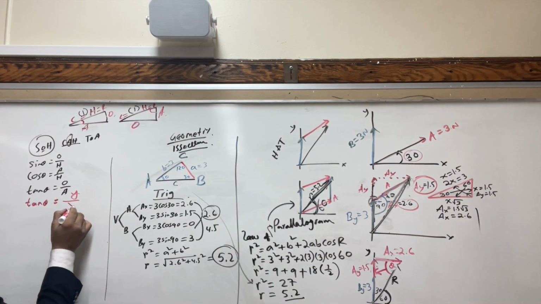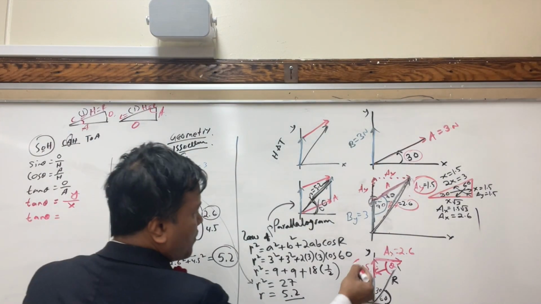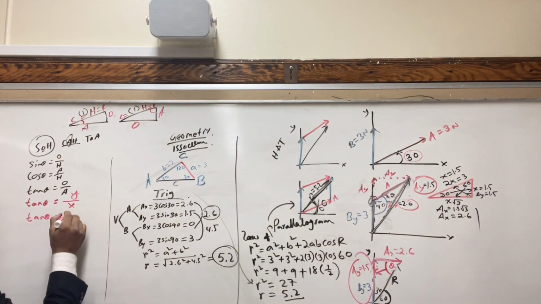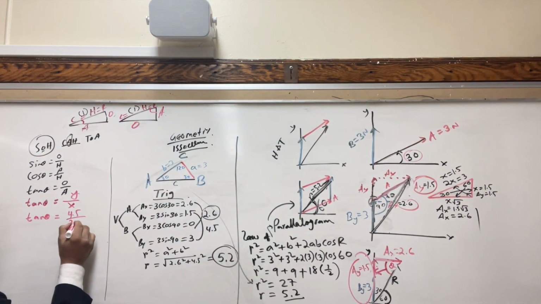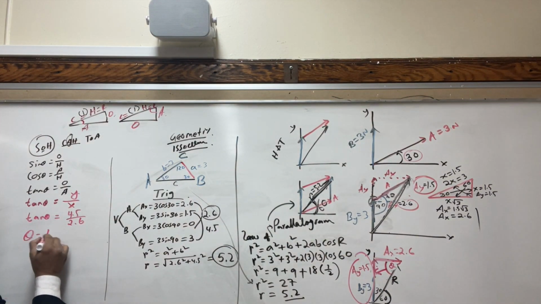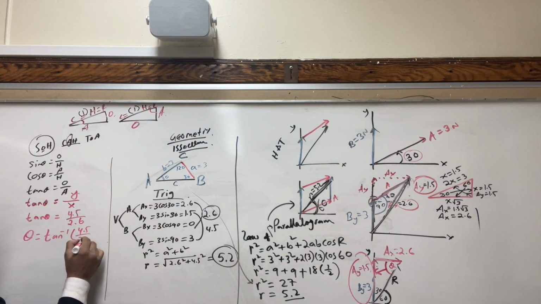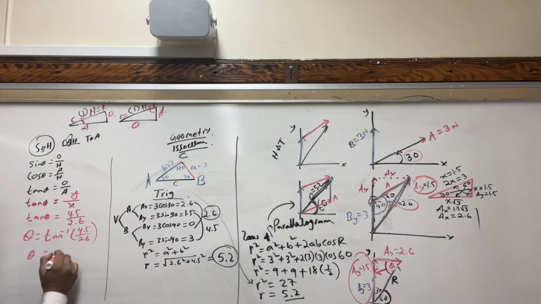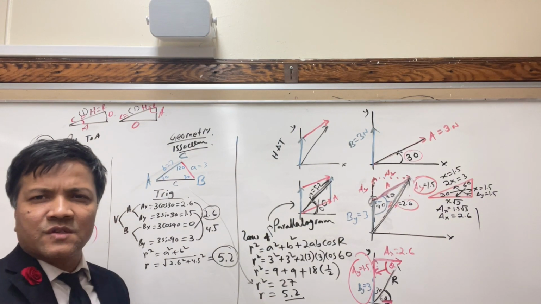This is called x. So what is our y? Our y is, of course, 4.5. What is our x? 2.6. So theta is tangent inverse of 4.5 over 2.6. So theta is, of course, 60 degrees because the geometry gave us 60 degrees.